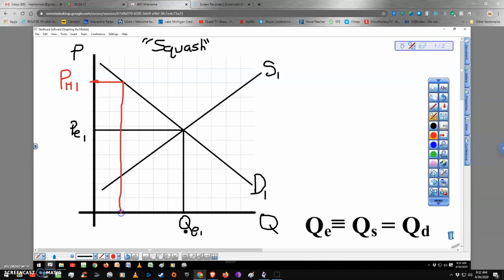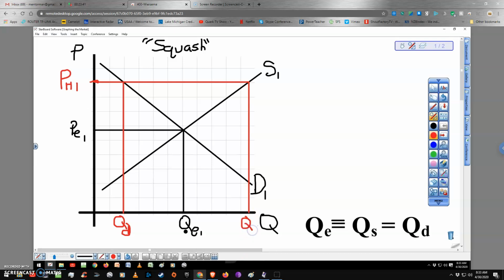So guess what we're going to call this? Right, QD, quantity demanded. Where's QS? Well, you take your price, continue to shoot over until you hit the supply curve. You drop down, so this must then be, because we hit the supply curve, QS.